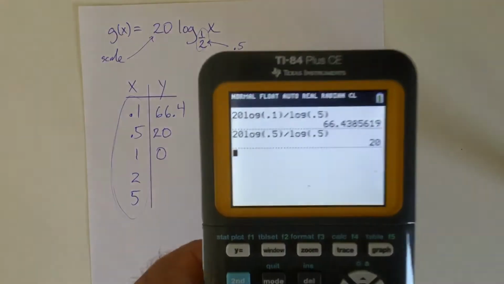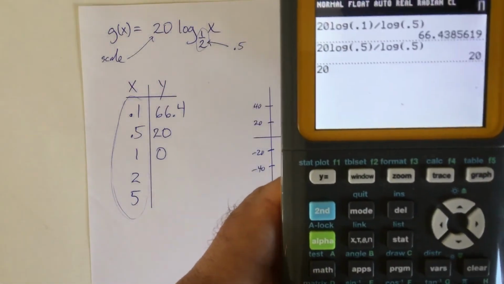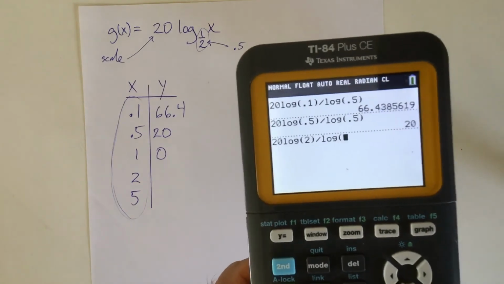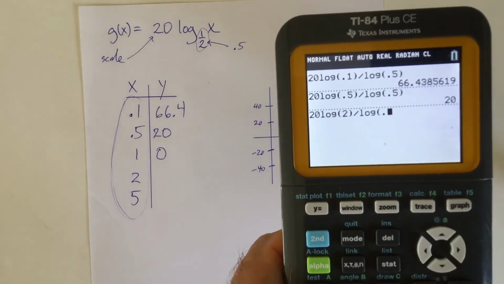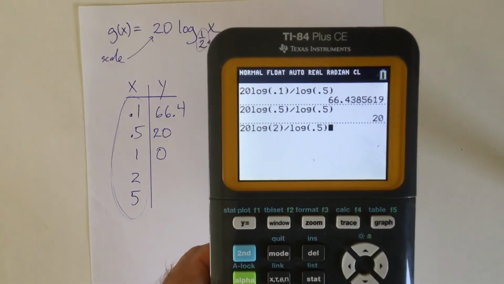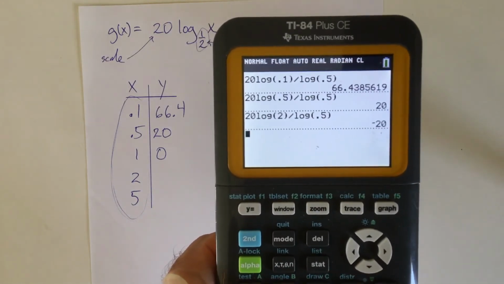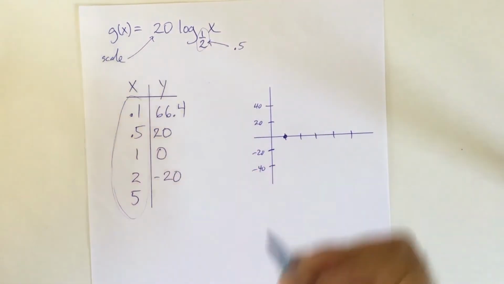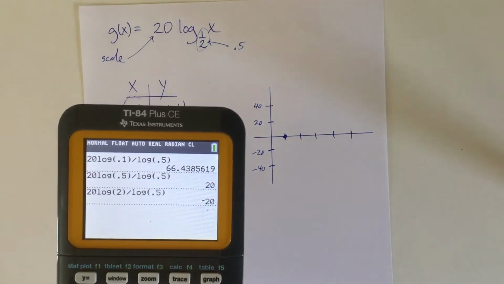So here we go. 20 log of 2 divided by log 0.5. And guess what am I going to get right here? I'm going to get negative 20. You didn't plug in the 1. I know, because I always get out 0. Oh, but look at that. I got another regular number.